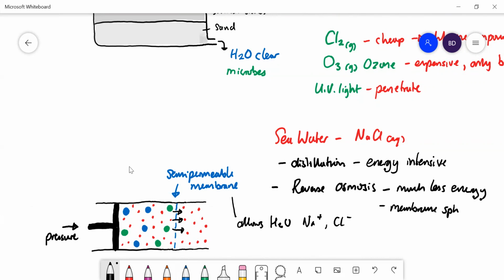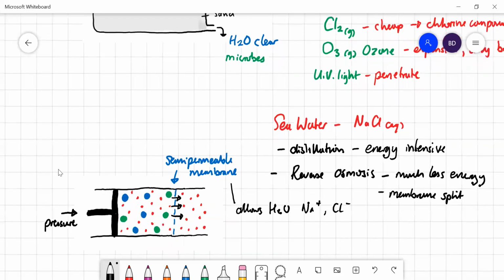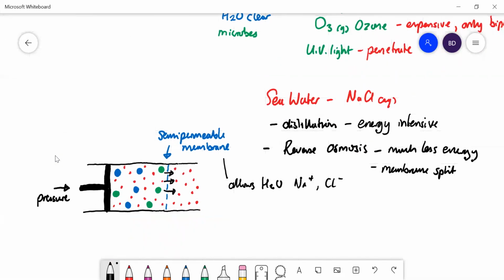The membrane will split due to the high pressure that the water's put under, forcing it through that. And if you think about it, it's called reverse osmosis. In biology, remember that if osmosis was occurring here across this semi-permeable membrane, then the water would pass in that direction, wouldn't it? You'd have the water molecules passing from the dilute solution on the right to the concentrated salt solution on the left. But because it's pushed under pressure, it happens the other way.